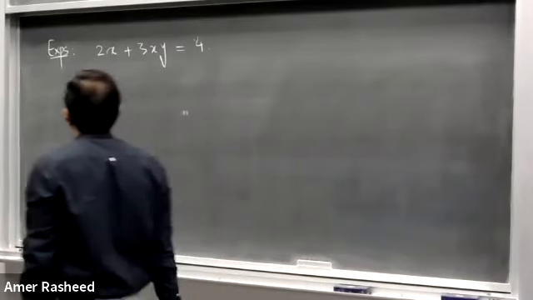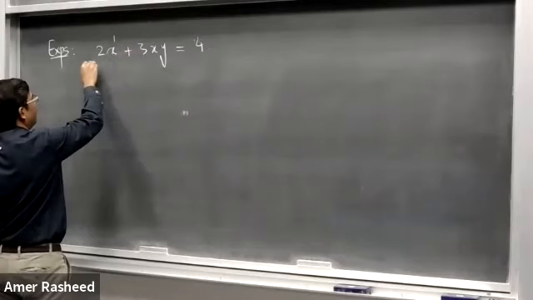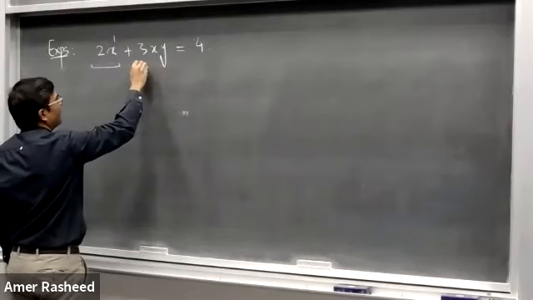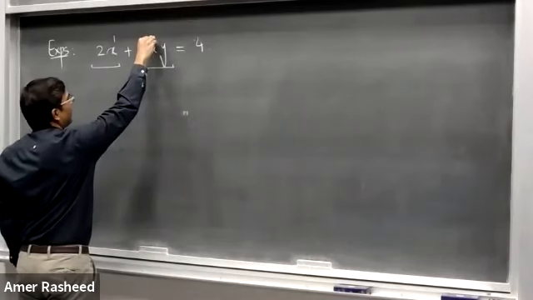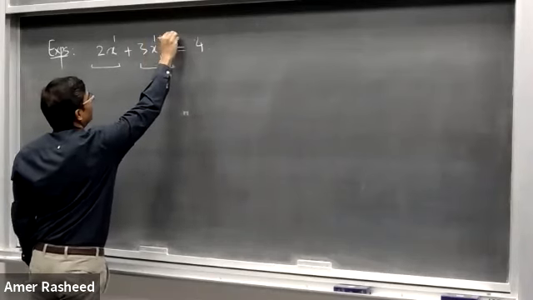Anyone? Why is this equation not linear? Because the variable power would be 2: 1 for x and 1 for y in the second term. In the first term, we have x power 1, its power is linear. But in the second term, we have x power 1, y power 1. So if we add them up, we get power 2 here.